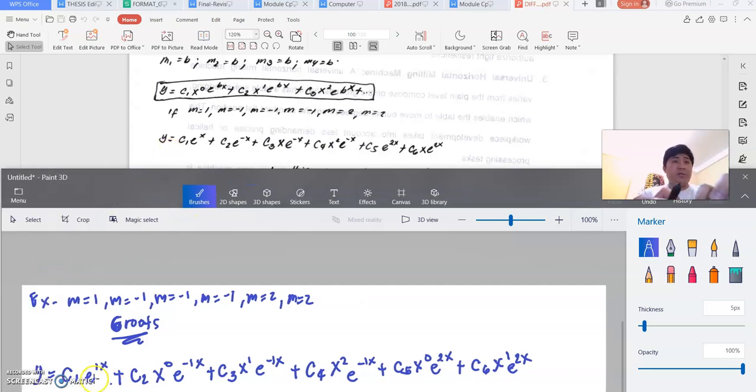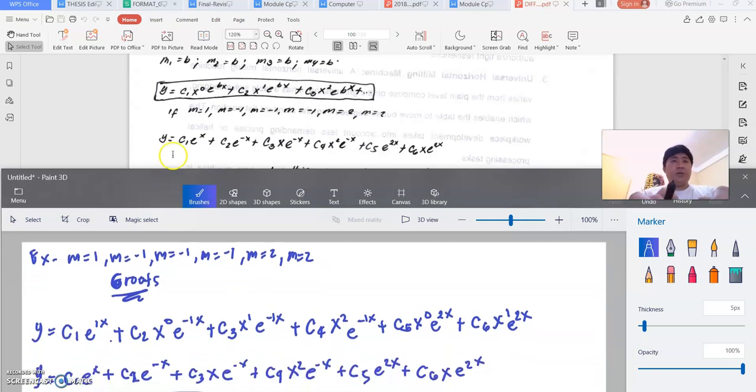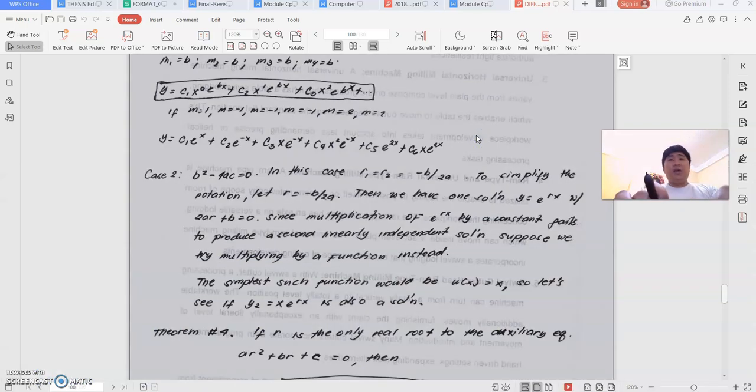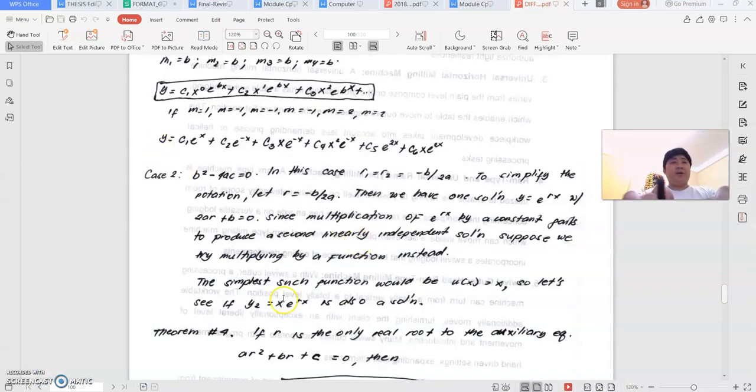So y equals c sub 1 e to the power of x, plus c sub 2 e raised to the negative x, plus c sub 3, c sub 4, x squared e raised to the power of negative x, plus c sub 5 e raised to 2x, and x. So we actually have the same result.